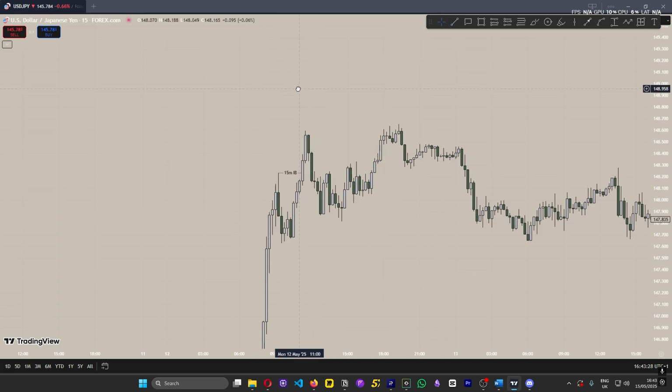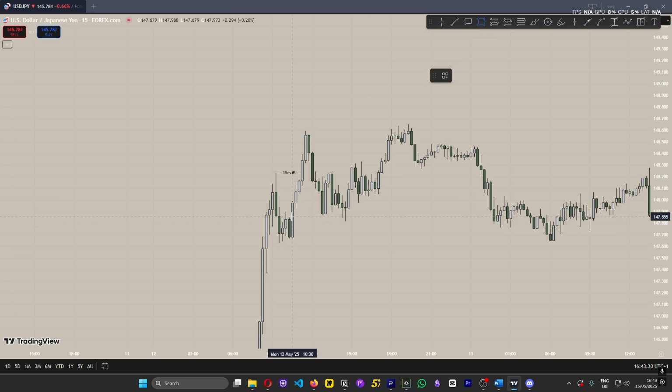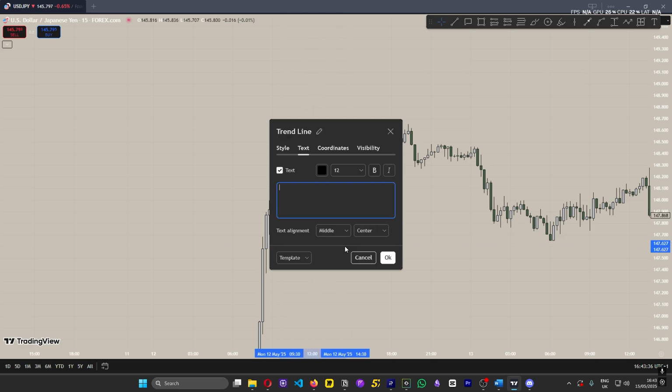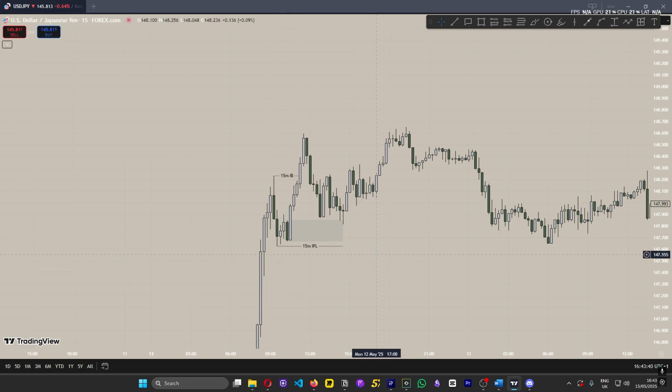So here we got your 15-minute internal break. And then you'd want price to come into a discounted zone and respect your protected structure, because that's literally the whole idea. You're waiting for price to respect the protected structure, and then you get confirmation that it is going to target this high, and then enter into the setup and target that high.